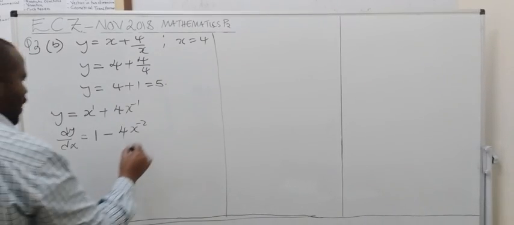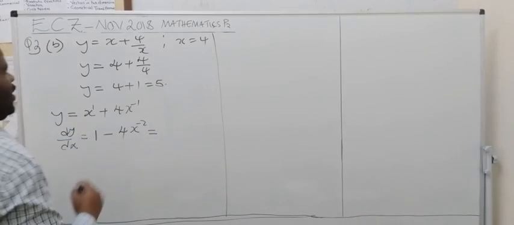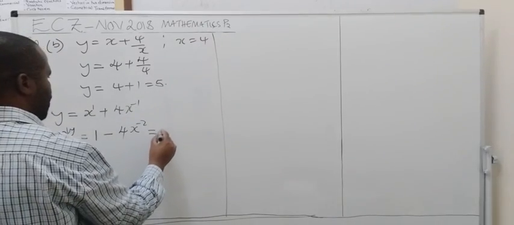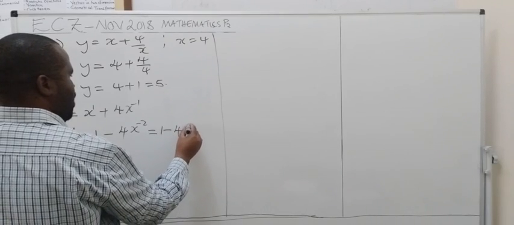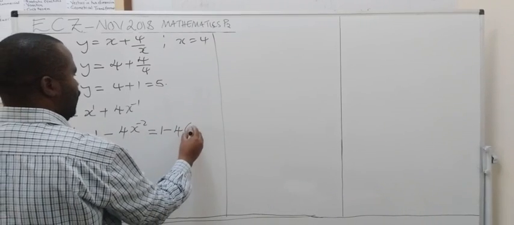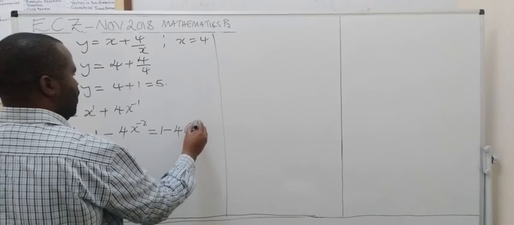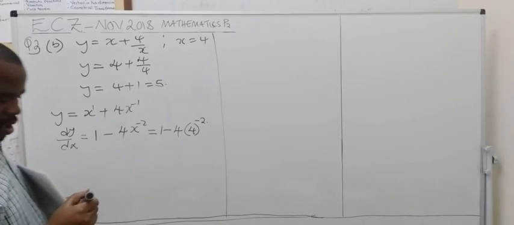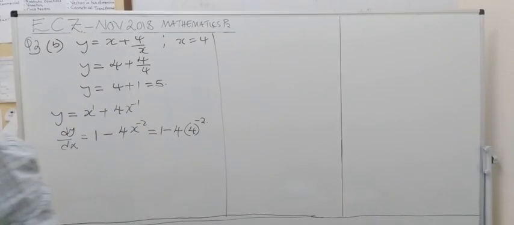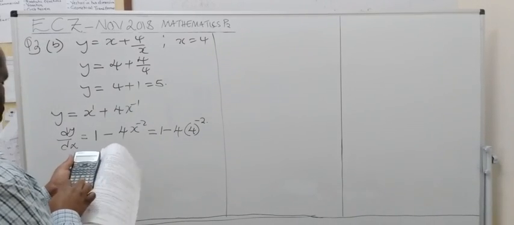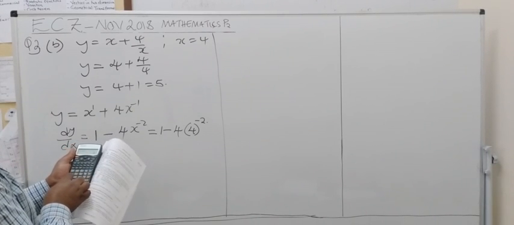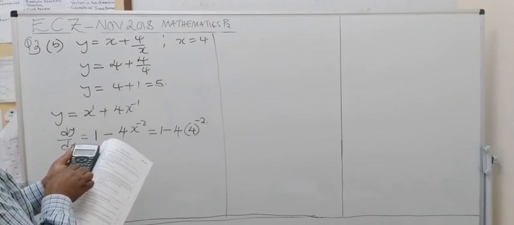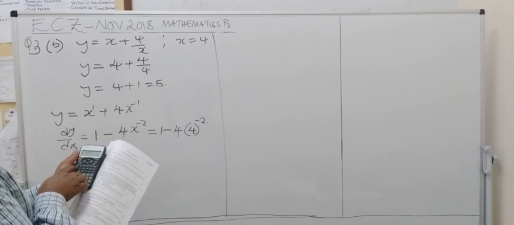Now, we want to find the gradient at the point x is 4. So I'll say 1 minus 4, open the bracket, my x is 4, to the power negative 2. Here you don't need to worry, you can get your calculator. Just the way it is, 1 minus 4 open the bracket 4 to the power negative 2.